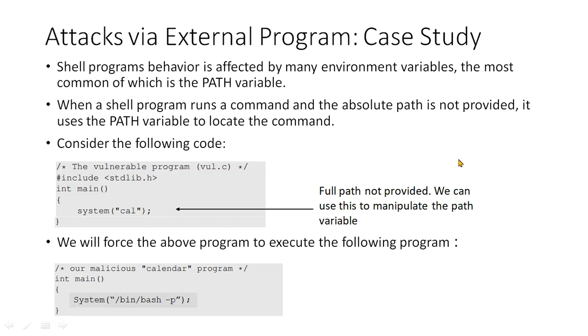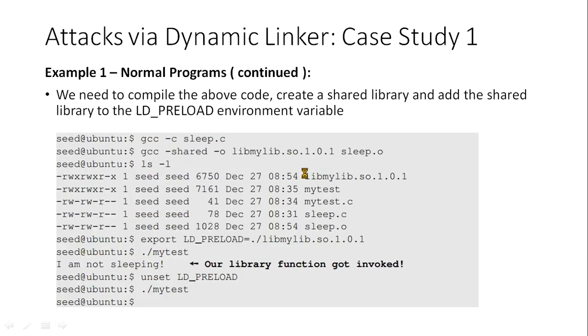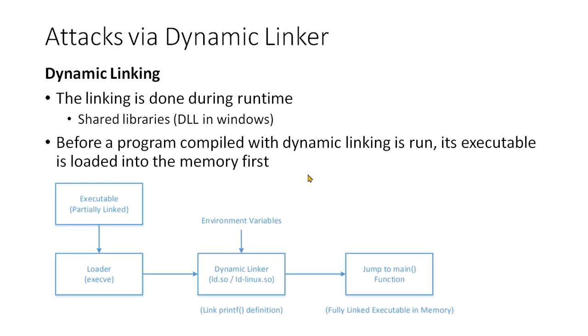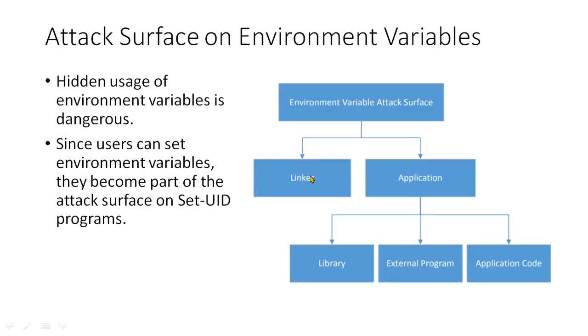Now we try to make another case study where we change the path. We don't attack the dynamic linker anymore. Remember that we have different attack surfaces at the beginning here.